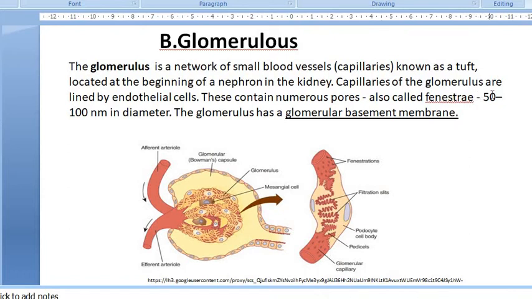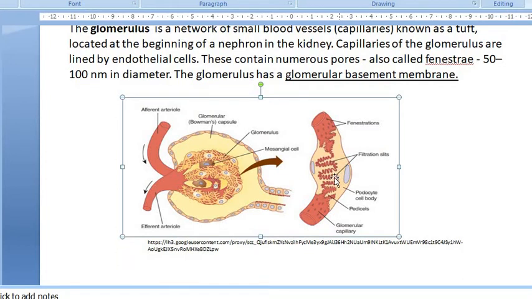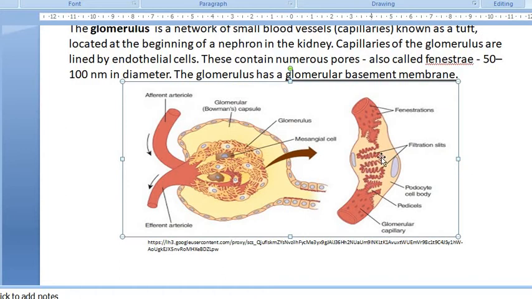Capillaries of the glomerulus are lined by endothelial cells, as I've shown you in the last picture. These contain numerous pores called fenestrae. You can enlarge this diagram and see. These are the fenestrations, small pores in the glomerular capillaries.